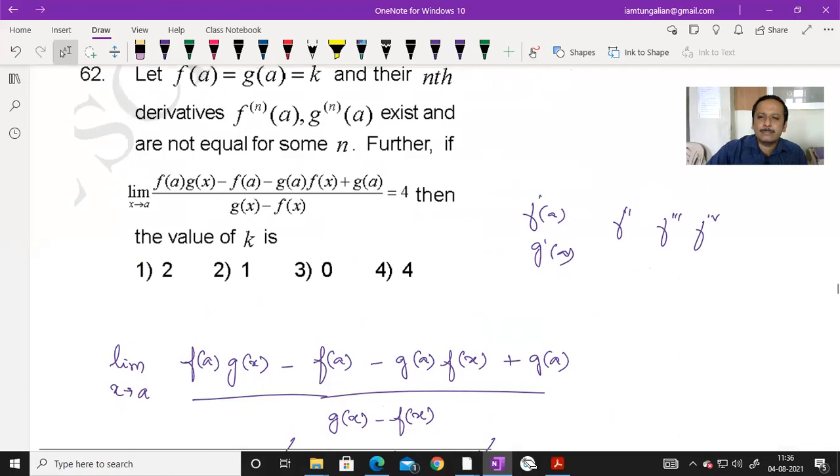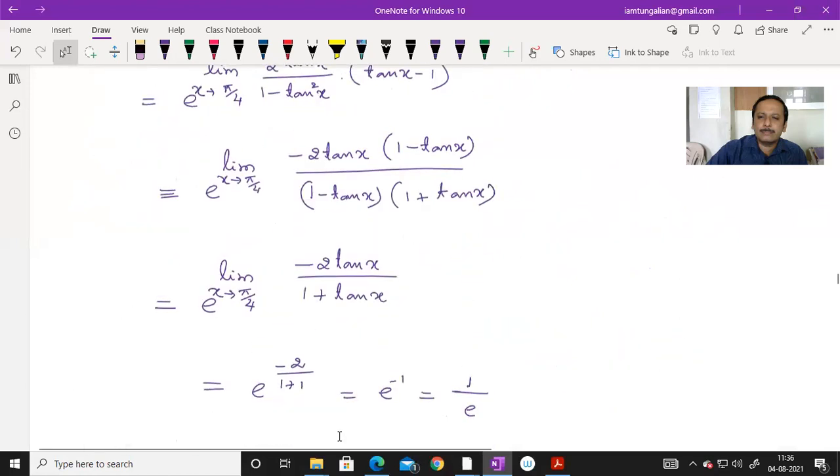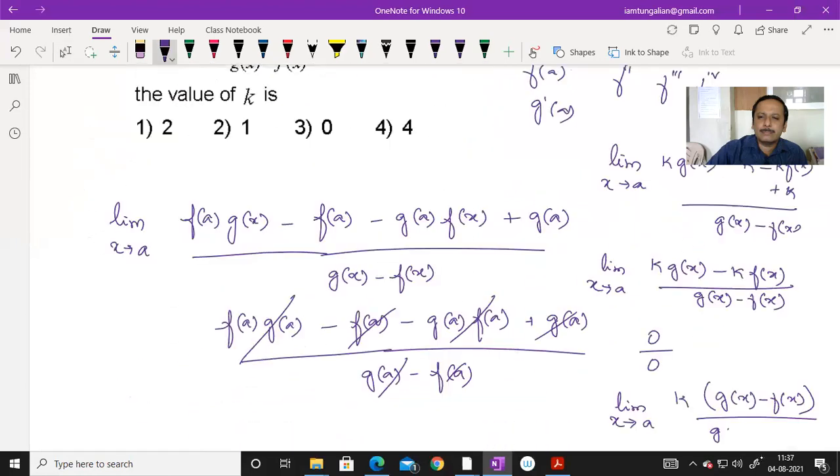Okay, so they have given f of a is k, g of a is k. Substitute that first. In place of f of a, I shall substitute k. In place of g of a also, I shall substitute k.